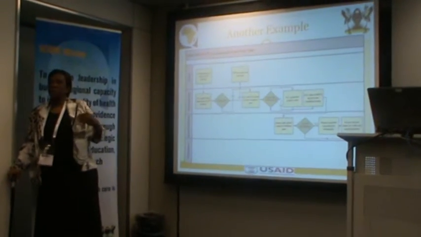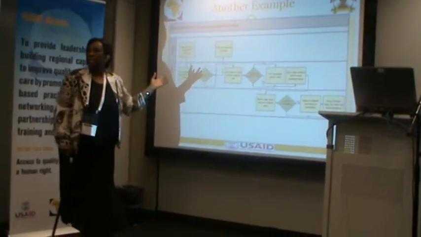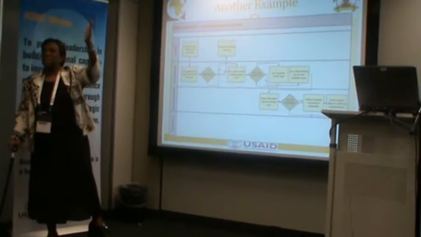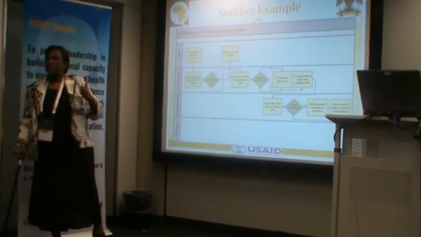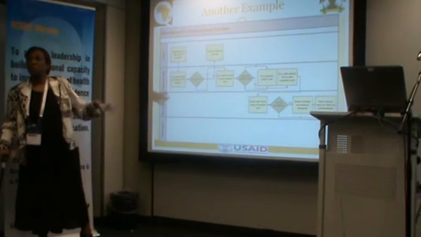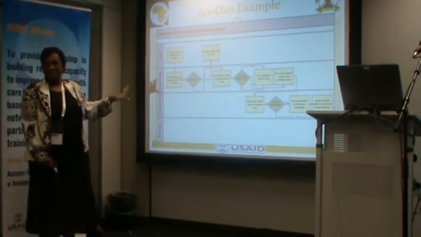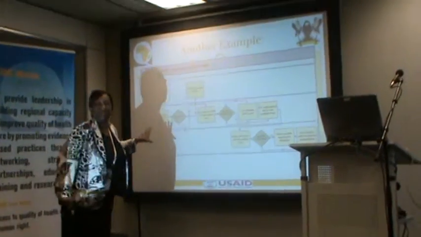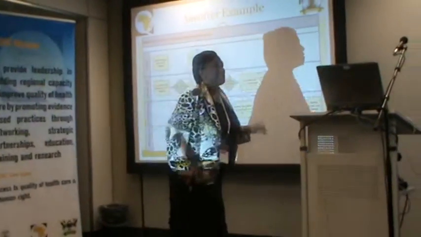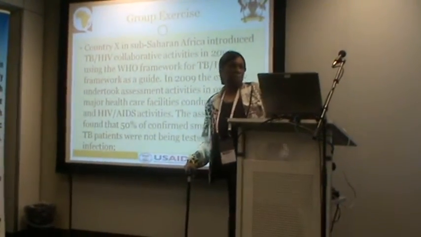So a cross-functional flowchart is much more detailed than the simple flowchart, which just tells you what's happening at different stages. It actually tells you who's doing what and what they're doing to whom, so that it gives you a clearer picture. I will not ask you to make a cross-functional flowchart, because otherwise we'll be here the whole day and you'll not get to do the routines.